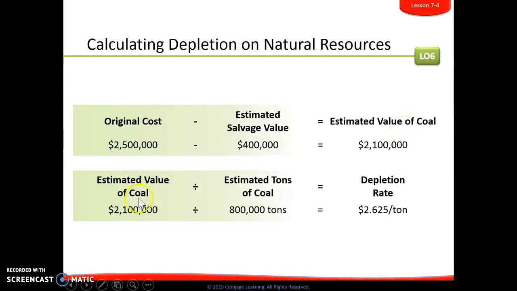Then we take that estimated value and divide it by the estimated tons of coal that we're assuming will be in that coal mine. And then this gives us our depletion rate, here $2.625 per ton.